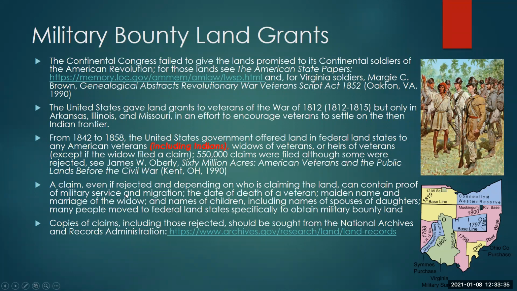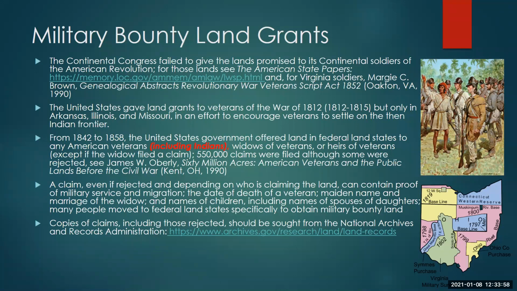All right, now let's talk about an individual claim. If a veteran applied for federal land in the federal land states, in his claim, he will tell you where he served in the military, where he lived, and where he is living at the time he's filing his claim.